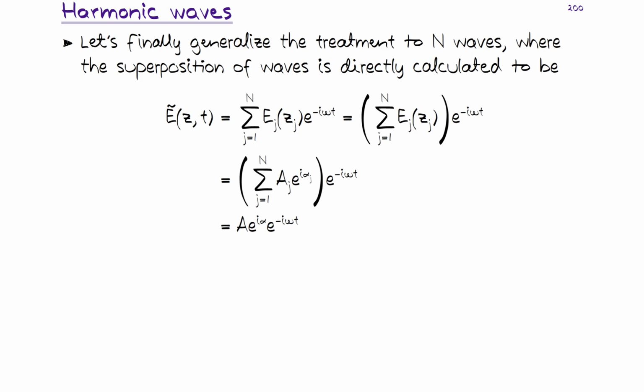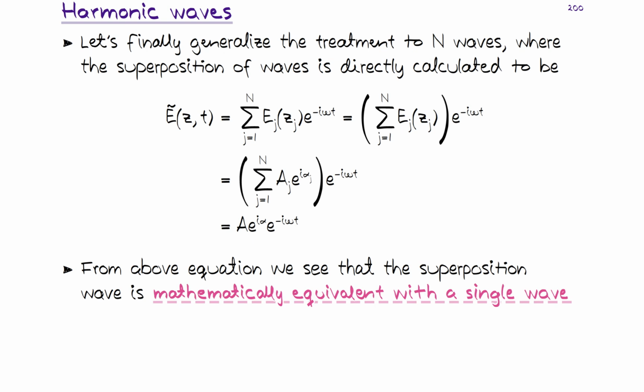So I can just write that this summation is always of a form where I have some amplitude A times the phase term exponent i alpha, times the time harmonic contribution exponent minus i omega t. So this is what we basically always have when we are summing n waves.